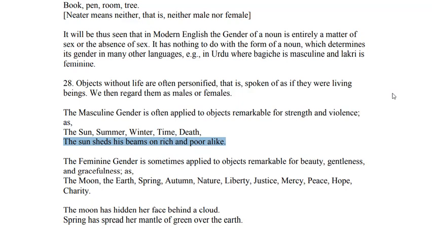But in this statement, sun is being spoken of as if sun is a male animal. Look at the pronoun his. This is called personification. The sun is being personified in this statement. When you speak of an object which is neither male nor female as if you are talking about some male or female animal, you are actually personifying that object.